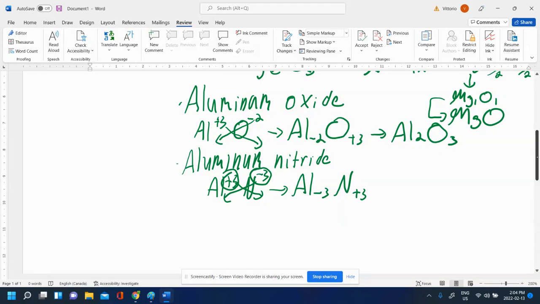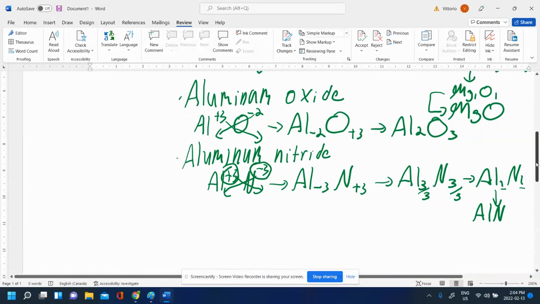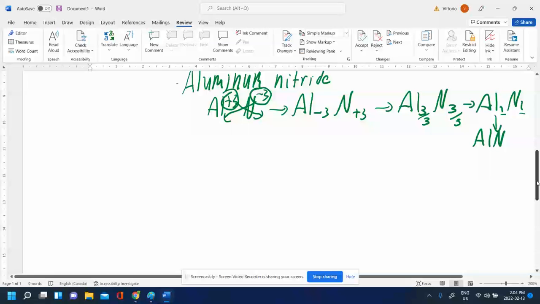Then you can remove the signs, and you'll get Al3N3. You'll notice this can be further reduced by dividing by 3 here, dividing by 3 here, and you get Al1N1. And since these are ones, you don't have to write them in. You can simply put AlN, and that is aluminum nitride. So AlN, aluminum nitride.